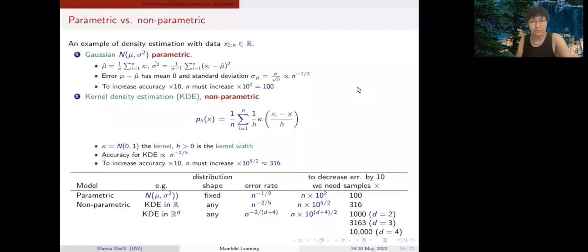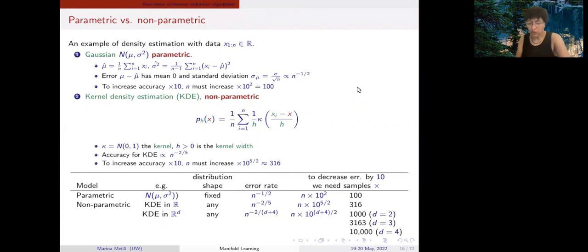And manifold estimation is a non-parametric operation. We assume that the manifold can have any shape it wants, except it has to be smooth and have a reasonable, bounded injectivity radius. Otherwise, it can have any shape. Under these assumptions, our rates will be similar to kernel density estimation. In fact, manifold learning can be thought of as a fancy kernel density estimation in some sense.